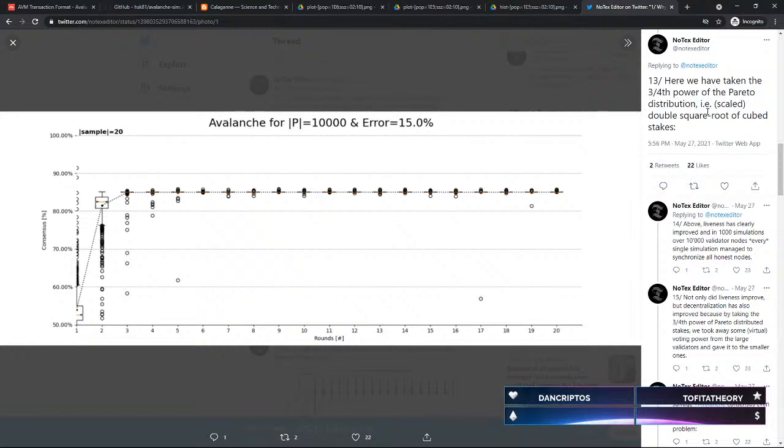You could have taken the square root, but taking the square root of all staking powers is quite drastic, right? You just take the biggest stake, and then you count it as a square root and so on.